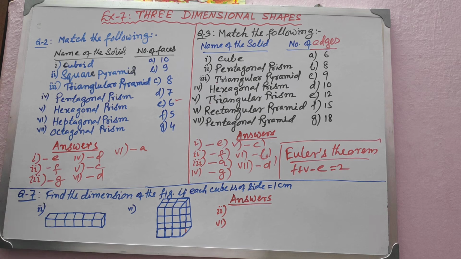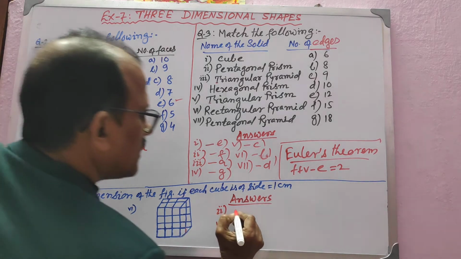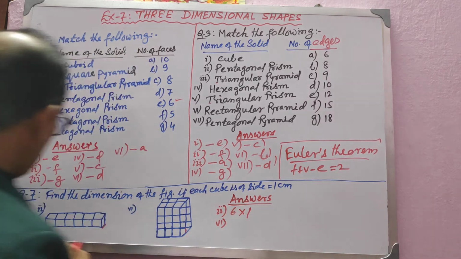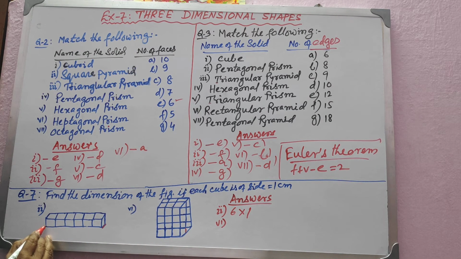See, I will tell you what is length. This is length. Length, how many? 1, 2, 3, 4, 5, 6. So it will have 6 centimeters. Breadth, how much? This is breadth. So only 1 breadth is there. 6 into 1. Now height, you see, is only 1.